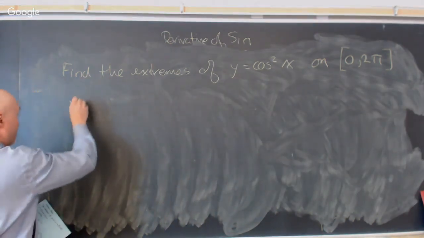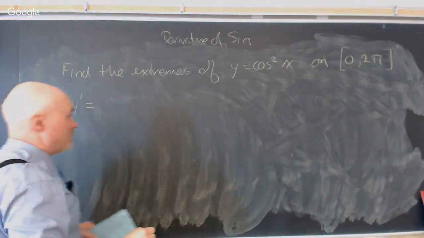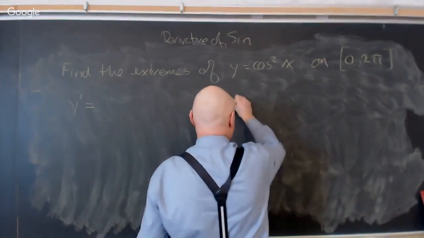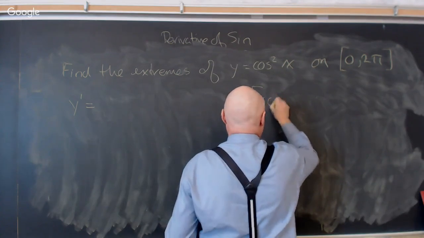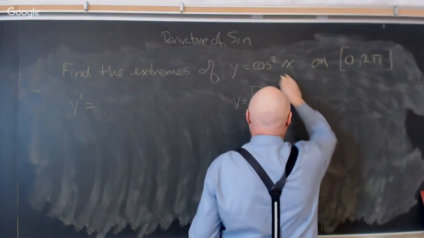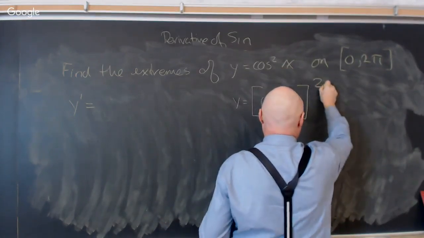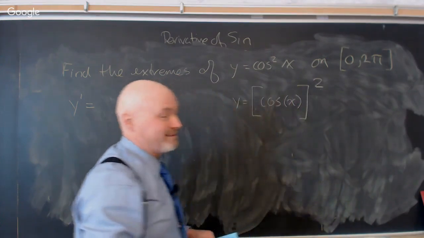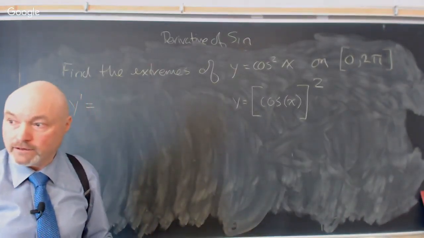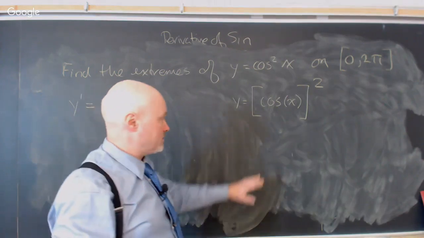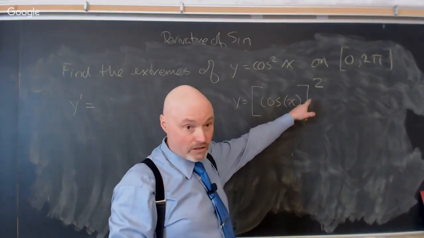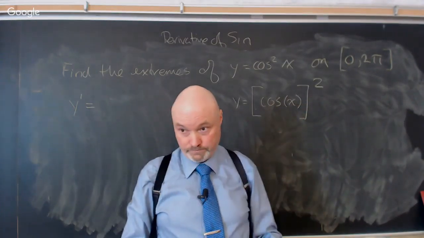Okay, so y prime is equal to, we had a little bit of a thing here in first period, okay? Cos squared x is cosine of x, squared. And so this is a chain rule question, once again, okay? So this is a function inside of a function, all right?